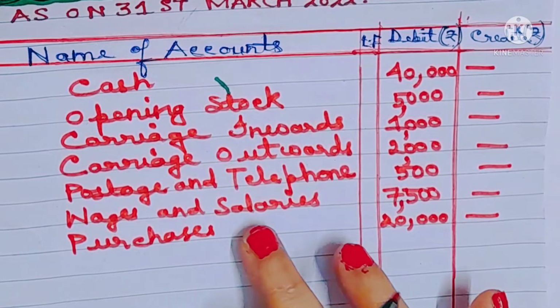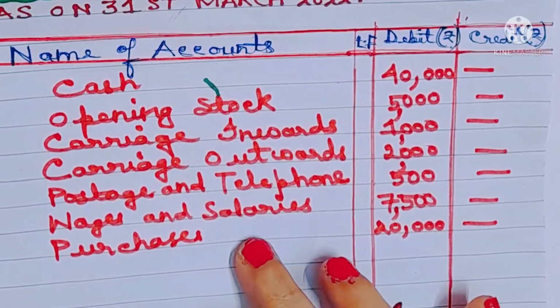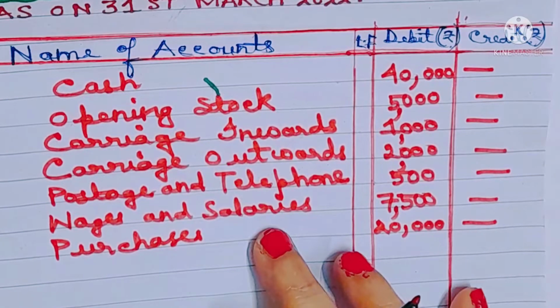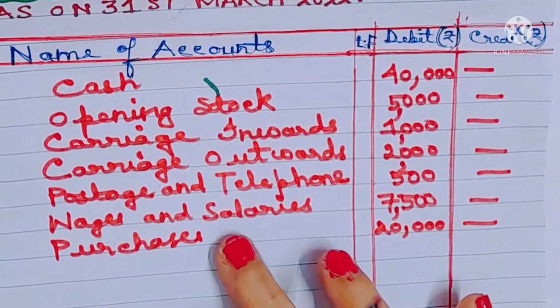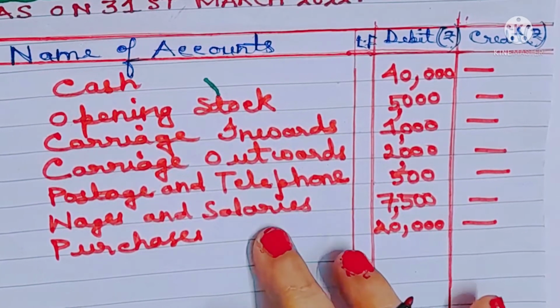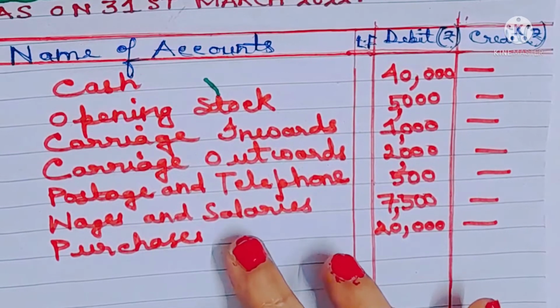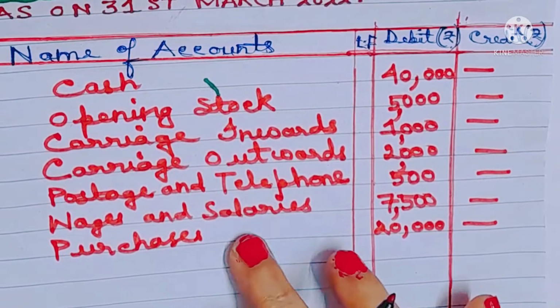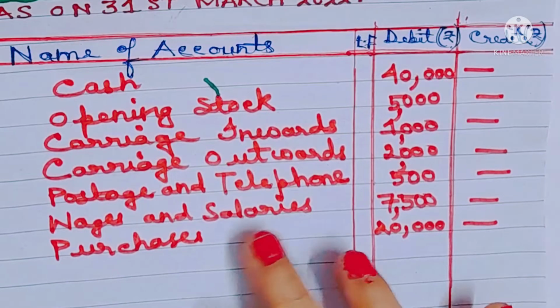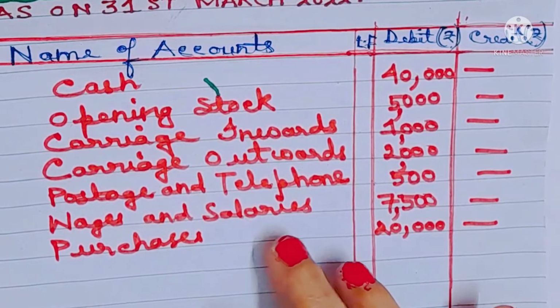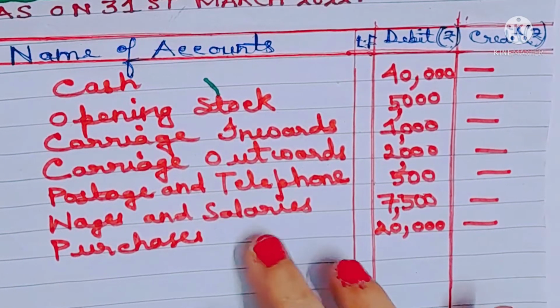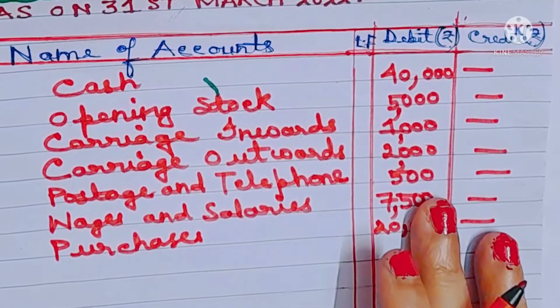Here, when goods are purchased, goods come into the business. So, purchases account will be debited. According to nominal account, all losses and expenses debit. Here, when goods are purchased, cash goes out from the business. So, purchases account is an expense for the business. So, purchases account will be debited. Understood? Let's see the next account.